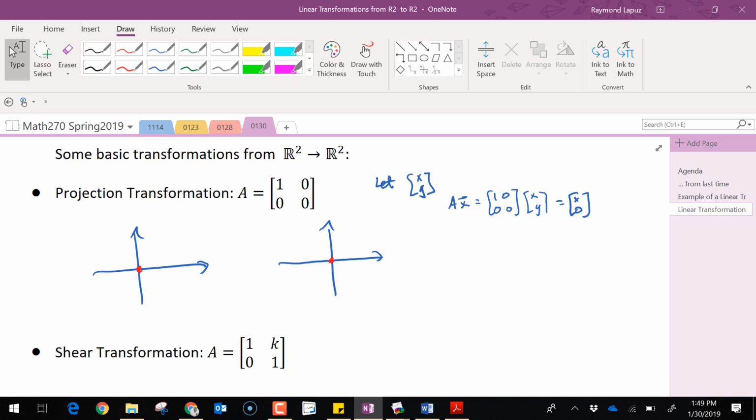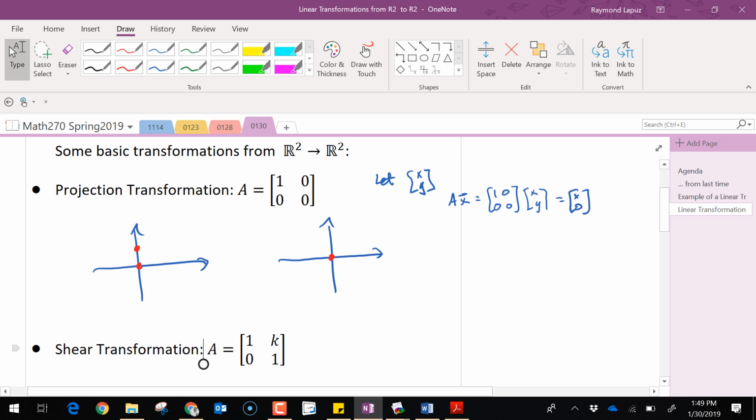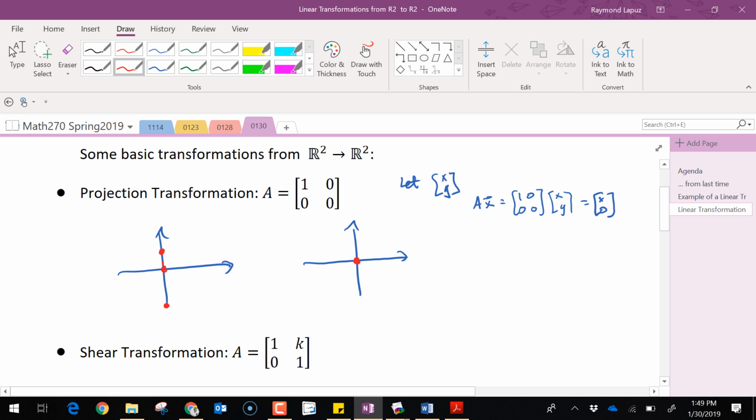What happens to the point 0, 1? It's going to go to 0, 0 again. What happens to the point 0, negative 2? It's going to go to 0, 0 again. What happens to the point 1, 0? It's going to go to 1, 0, right?